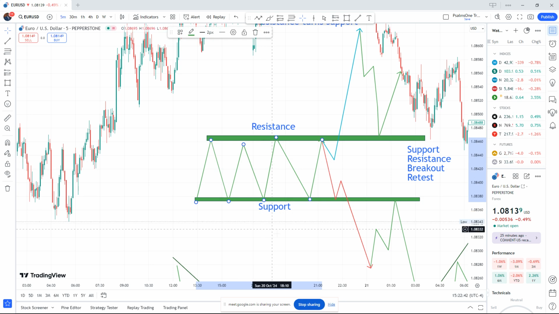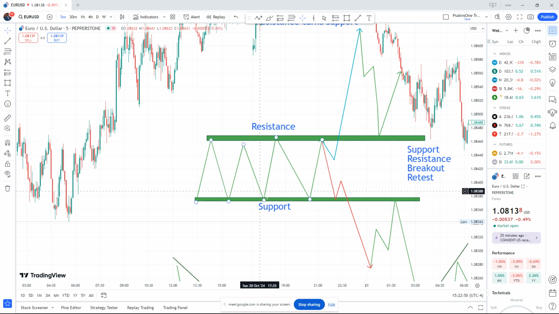This is a hammer. I don't know if you can see it. Let me zoom it out for us. Please, can you see my screen? Now, this place, this is a hammer. Is it not a hammer? This is a live chart.